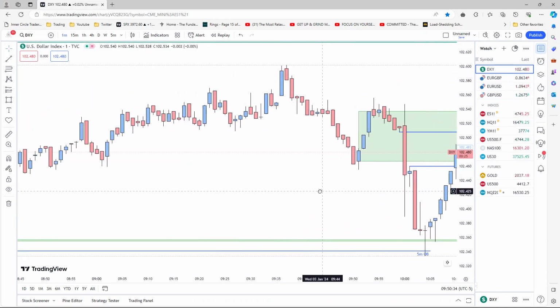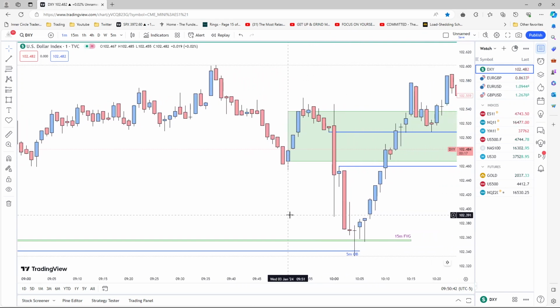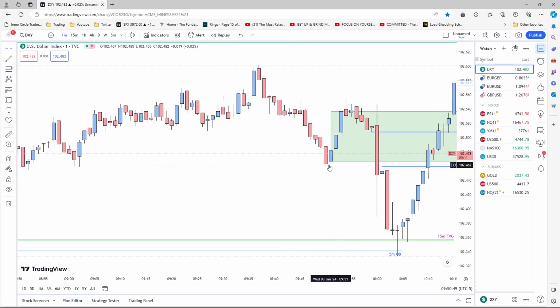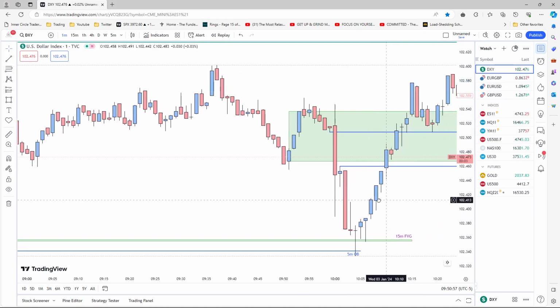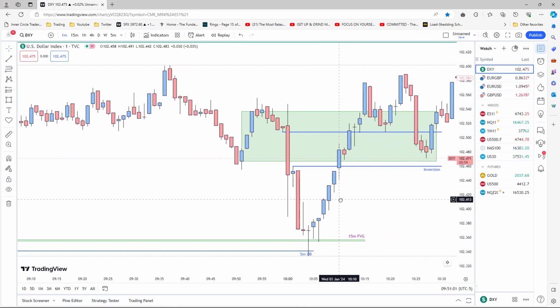So looking at this, I have absolutely nothing, but I have an inversion level. I have a possible breaker block level. If price respects these levels and it trades above these levels and it retests, then I have something that I can work with.